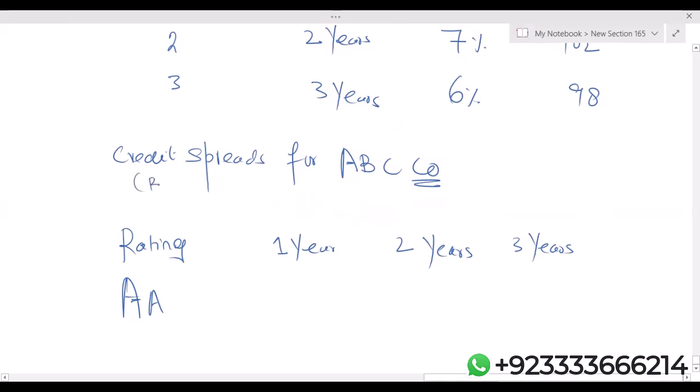The spread is in basis points, and we have already discussed that 100 basis points are equal to 1%.